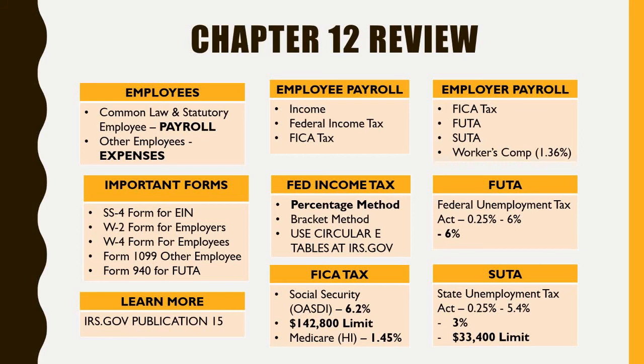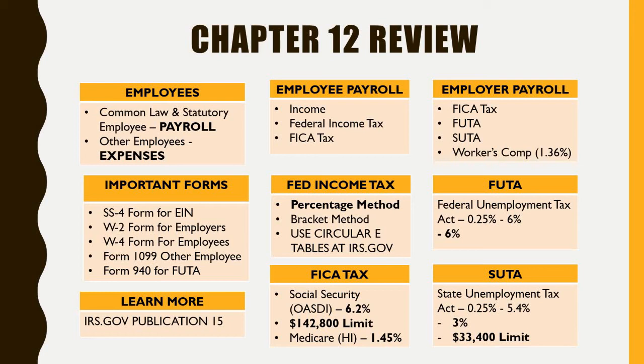So again, chapter review. All I want you to know is these calculations right here, but here are a few things that you need to know as well. Only your common law and your statutory employees are the only two types of people that are going to be on your payroll. Anybody else is going to be an expense. Other than that, important forms, again, these are only important if you are planning to use them. I'm not going to test you on them.